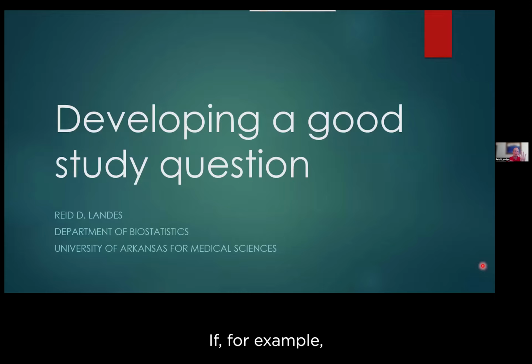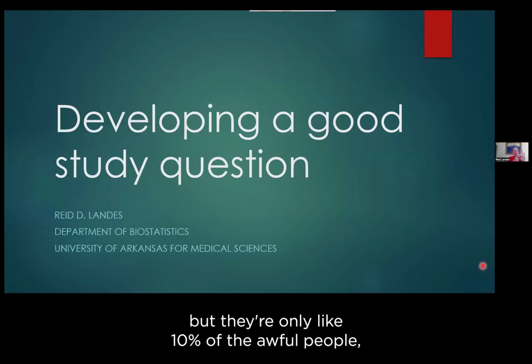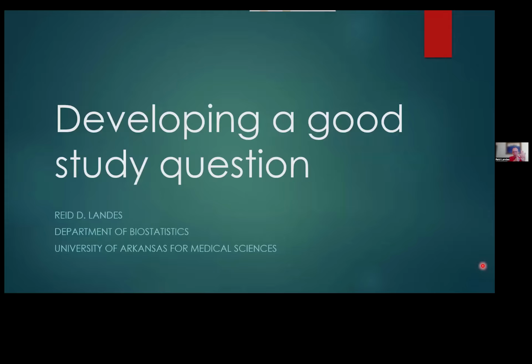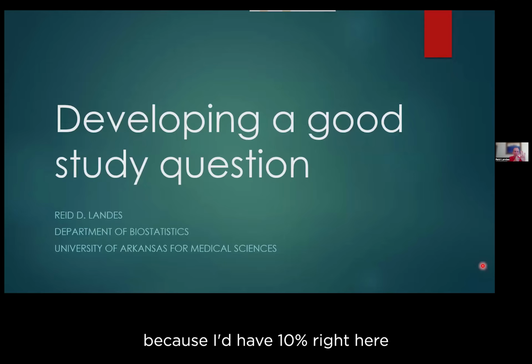If, for example, I was interested in only the awful people, but there were only like 10% of the awful people, then that would not be a great dichotomization because I'd have 10% right here and 90% over here. If I had, let's say, 45% of my people said fair, so now I've got 55% in fair and awful, and 45% in good and excellent.